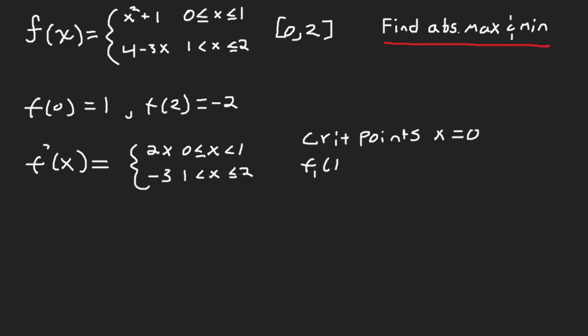So f of 1 in equation 1 is just going to be 1 squared plus 1, which is going to be 2. And f of 1 in equation 2 is going to be 4 minus 3, which is just equal to 1. And these are actually not equal to each other. And so this is not differentiable at this point.